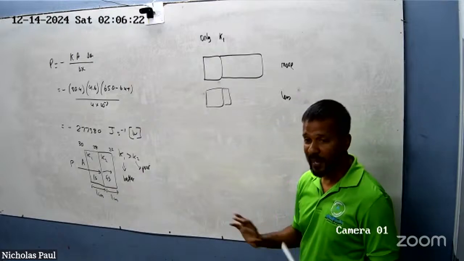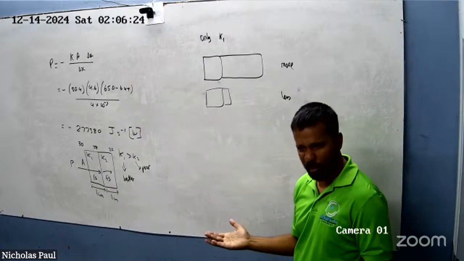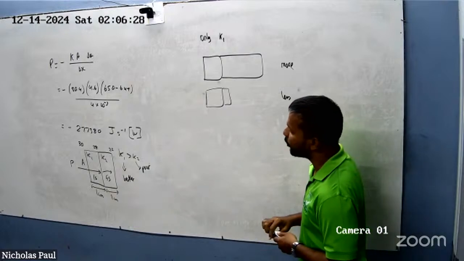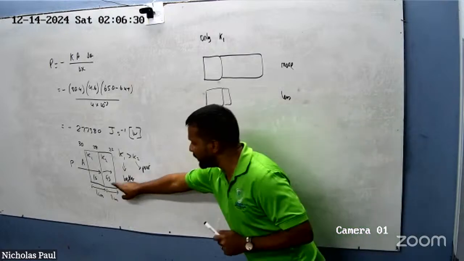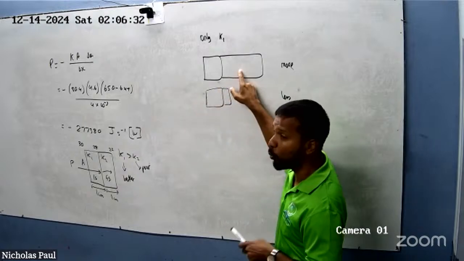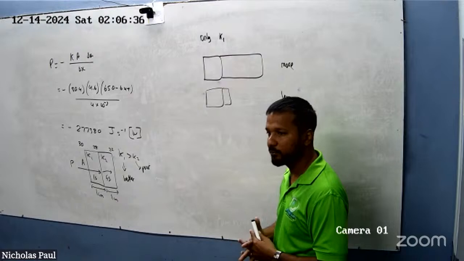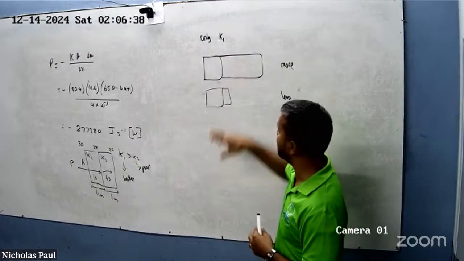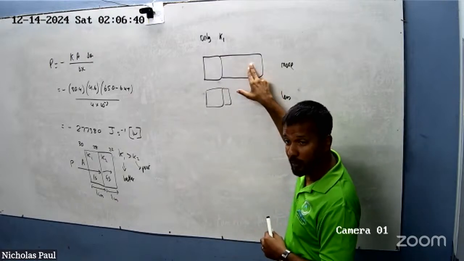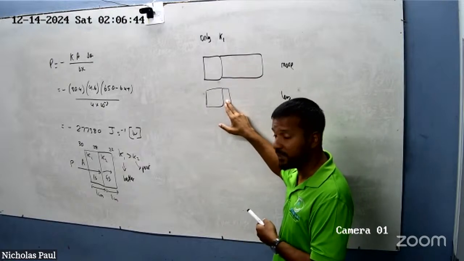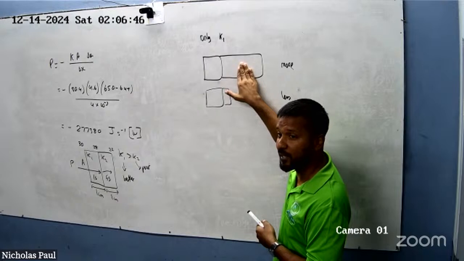K2 is a bad conductor, so it will take longer for heat to flow through it. So I need to replace K2 with K1 so that it will take 5 seconds. Therefore, I need more. If I put less, it will fly through. That will be too quick. I have to get the equivalent.